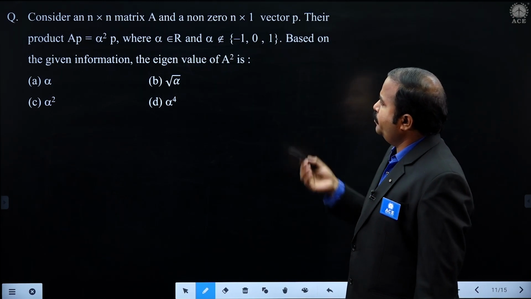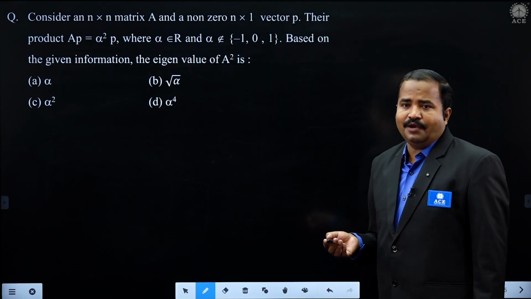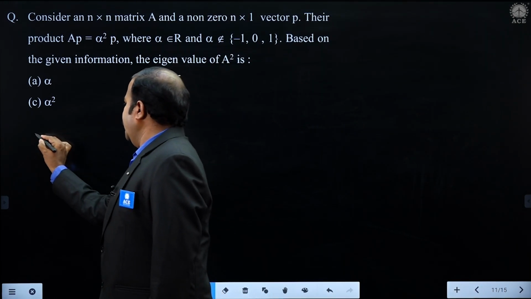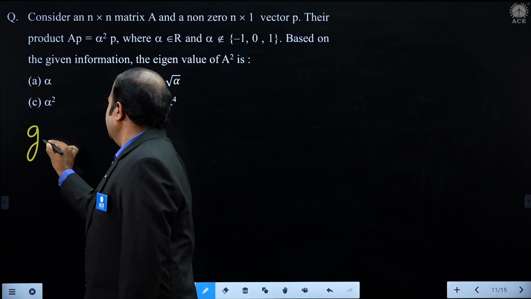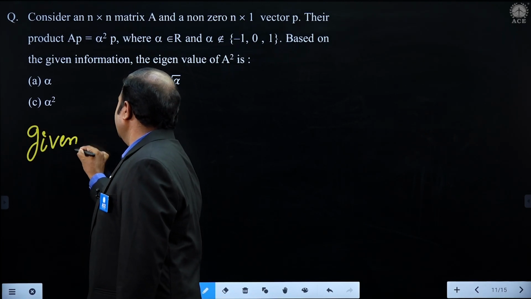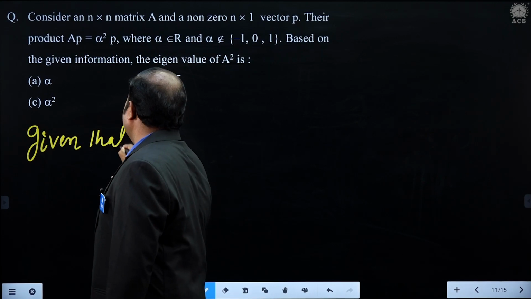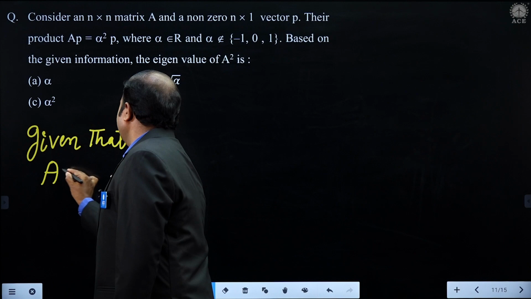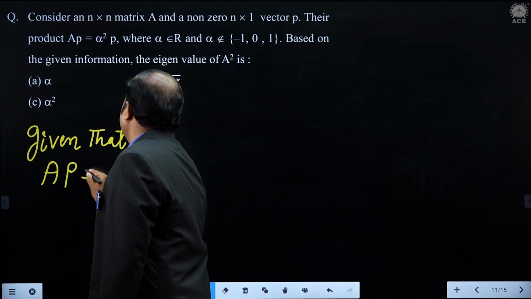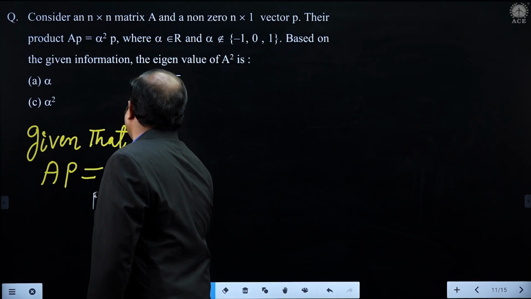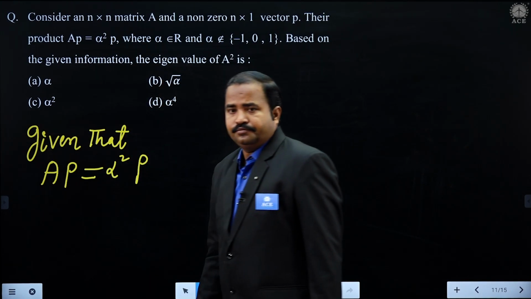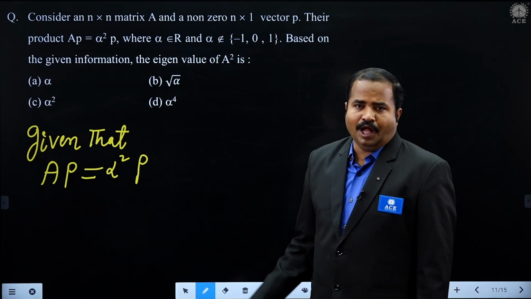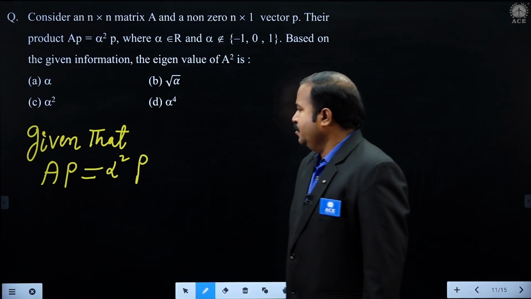Based on the given information, the eigenvalue of A square is what? Given that AP equals alpha square P, this is the given information. Here P is a non-zero vector, alpha is a real number.